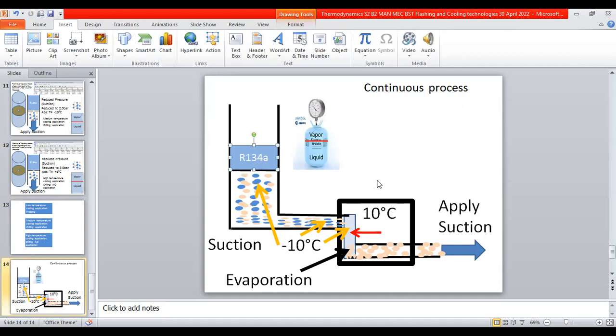And here should be liquid, because if there is no 100% liquid here, there is a problem, because flashing is not perfect. So here we call this a flow restrictor.